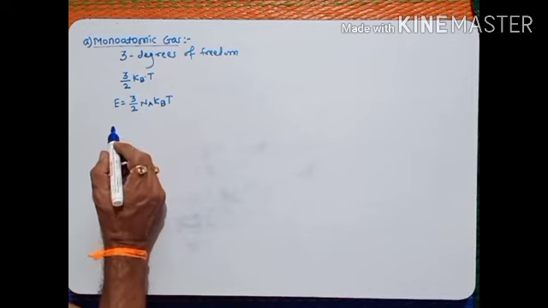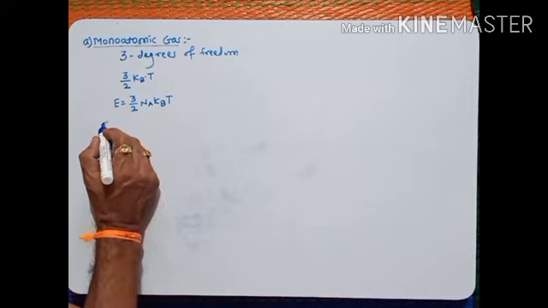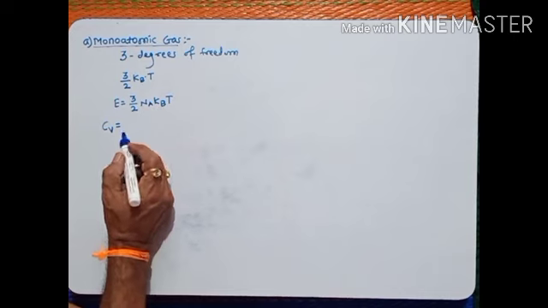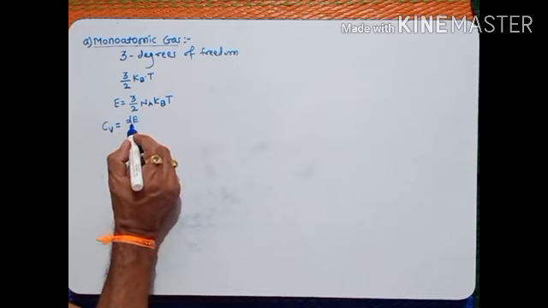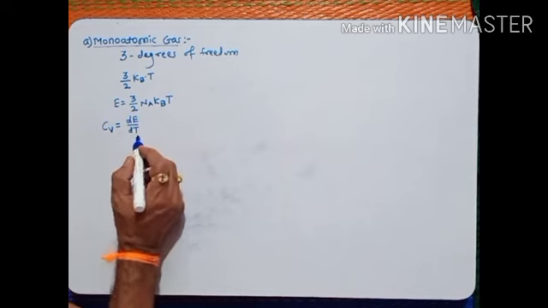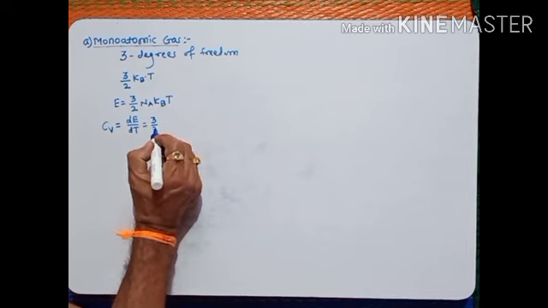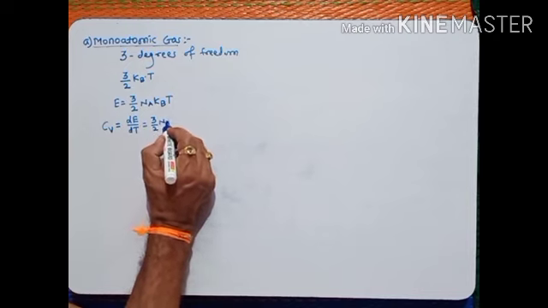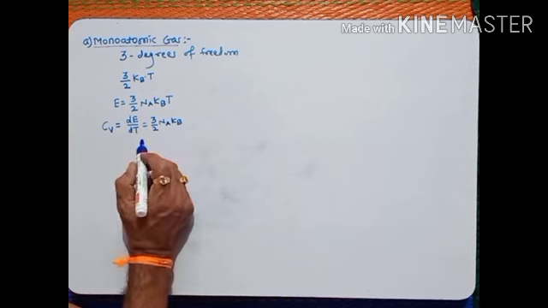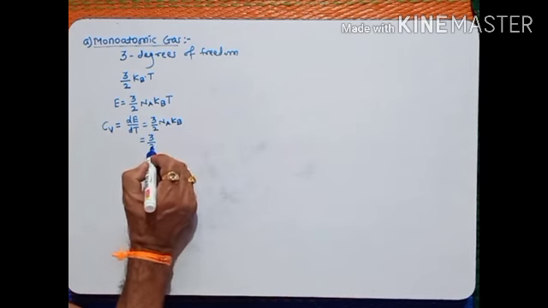Now molar specific heat at constant volume Cv can be written like this: Cv is equal to dE by dT, which is equal to 3 by 2 Na kb, or we can write 3 by 2 R.